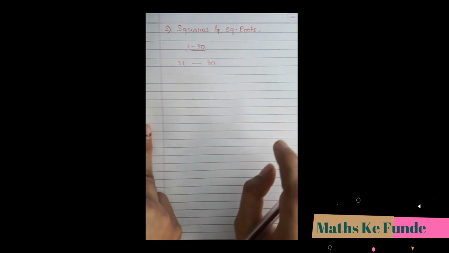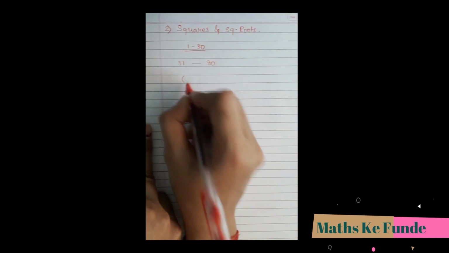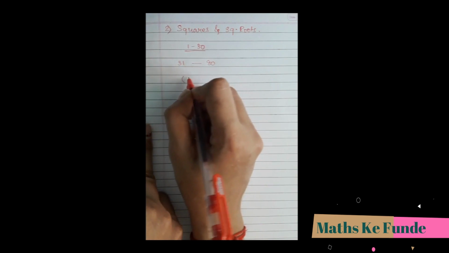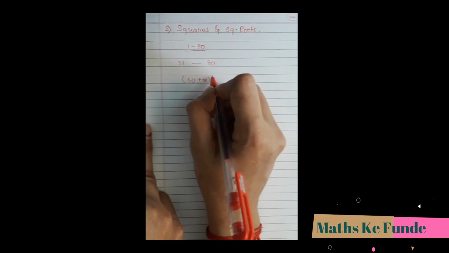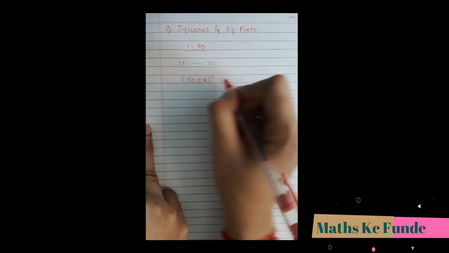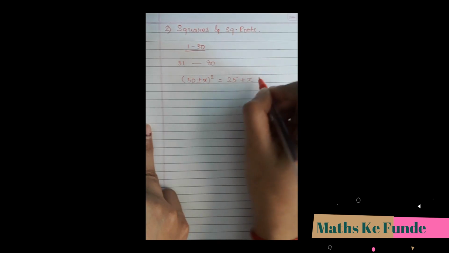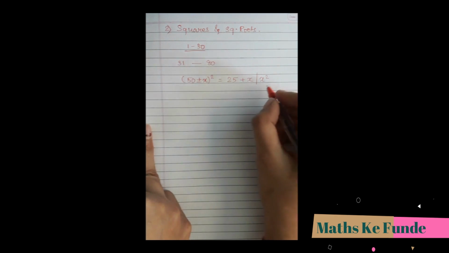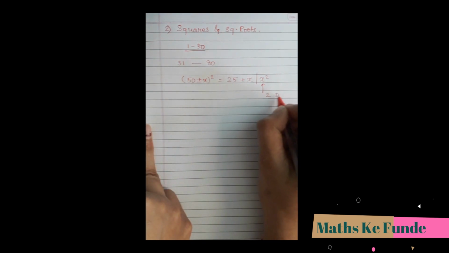The formula that I'm going to use is 50 plus minus x, the whole square, is equal to 25 plus minus x, slash, x square. And the rule is, this x square which you see should be a 2-digit answer.